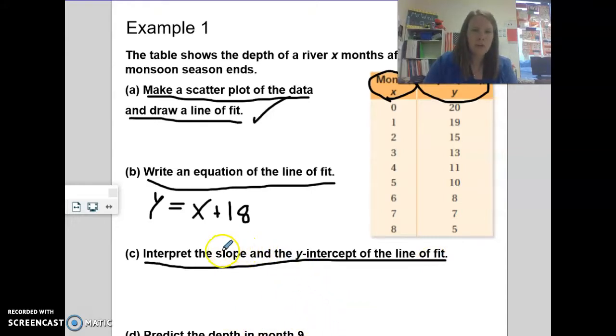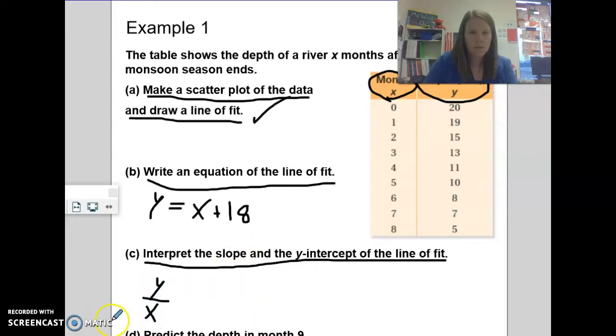So interpreting your slope, okay, what does your slope really mean? My slope is based on the months and the depths. Remember, your slope is the change in y out of the change in x.